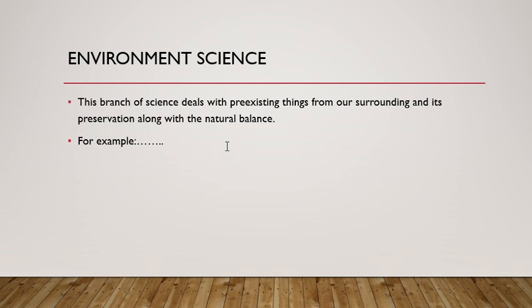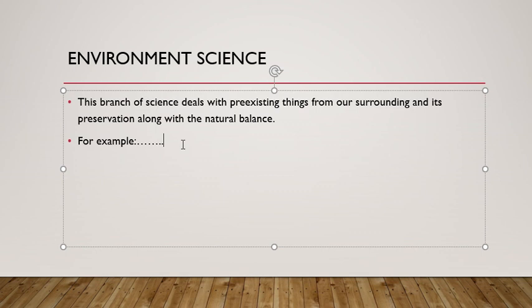Next thing, environmental science. This is the branch of science that deals with our surrounding, simply the place in which we live. First of all, we see that physics deals with physical appearance, chemistry with the bonding nature of our physical appearance, and biology with living things only.